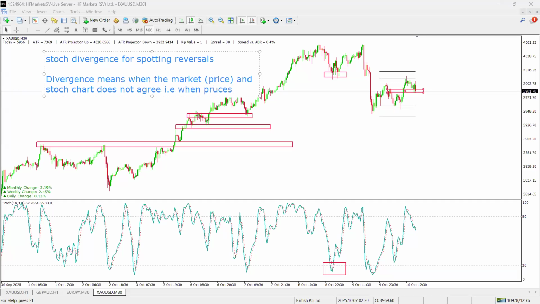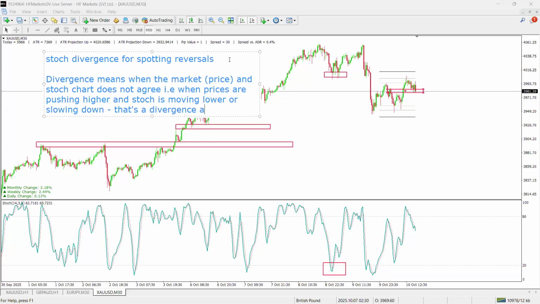When prices are pushing higher and stock is moving lower or slowing down, that's a divergence. And vice versa. It means the market and stock are not saying the same thing.